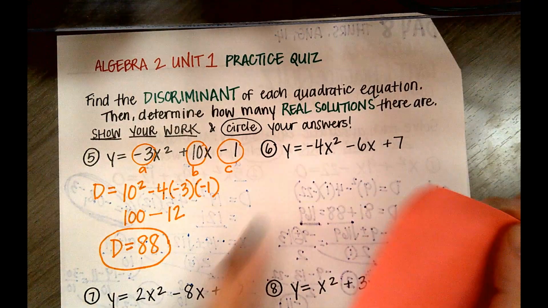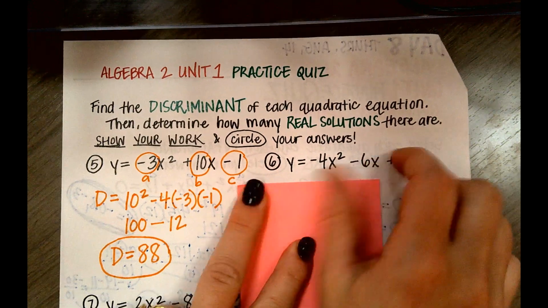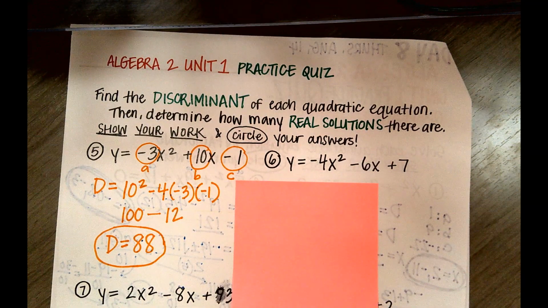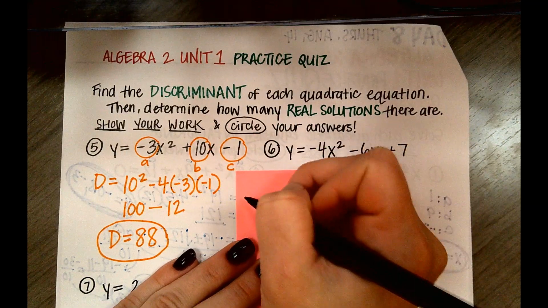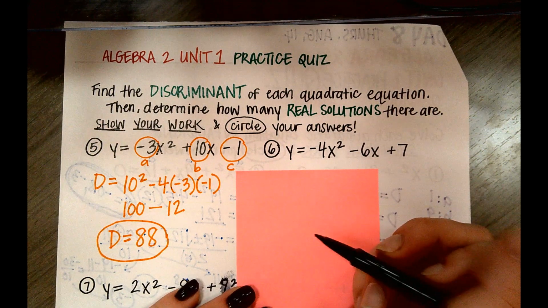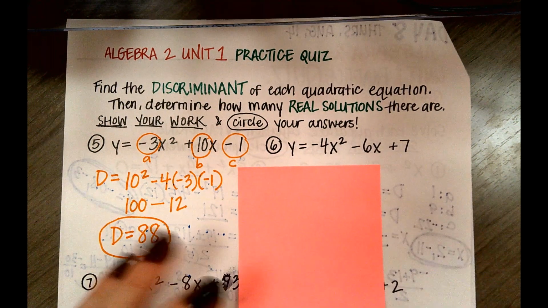So, the discriminant, because it's the number underneath the square root, there are a couple of things we know. We know that if you get a negative number under the square root, it doesn't work. That is an imaginary number.